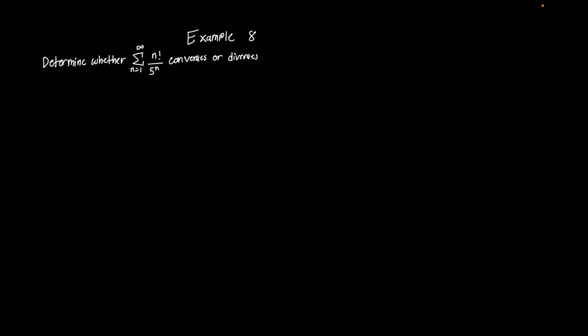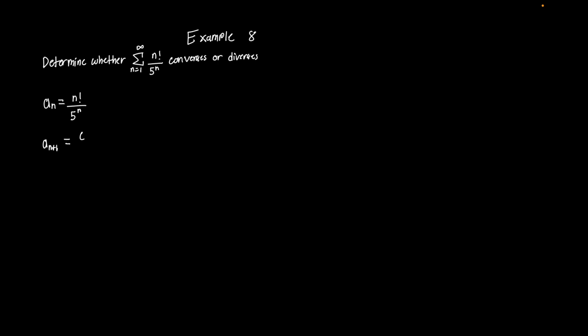Now these are the most complicated ones in terms of simplifying, because of the factorial, but we'll knock this down together. So first thing we want to do is write out our term. Our term is just n factorial over 5 to the power of n. Then we need our a sub n plus 1. So just add 1 to every n.